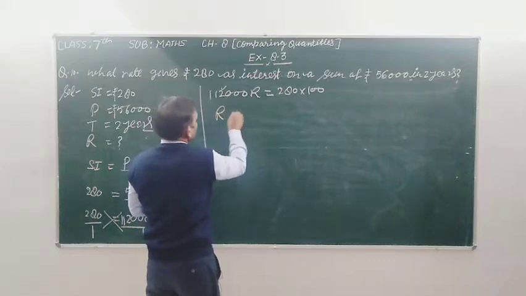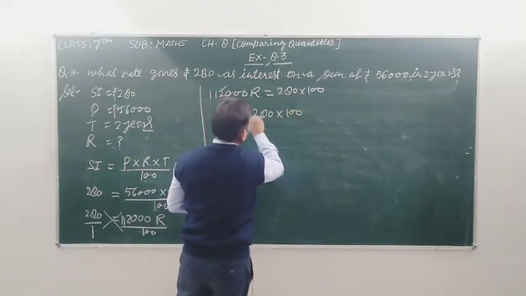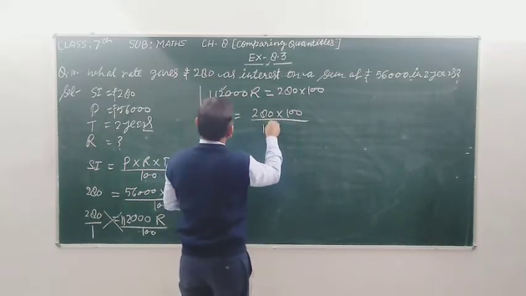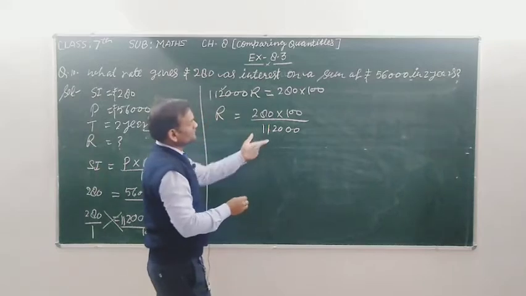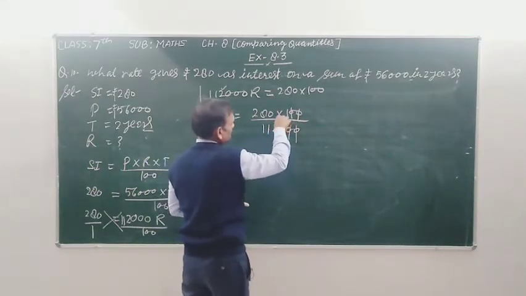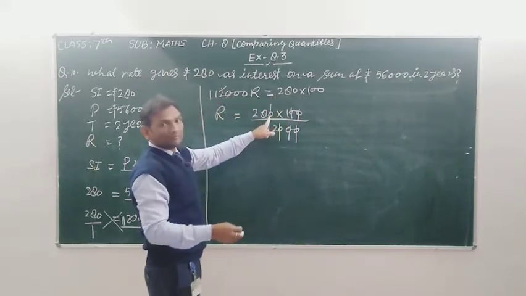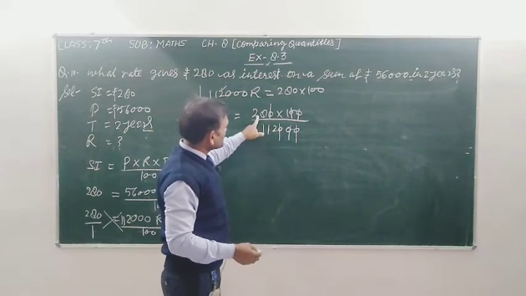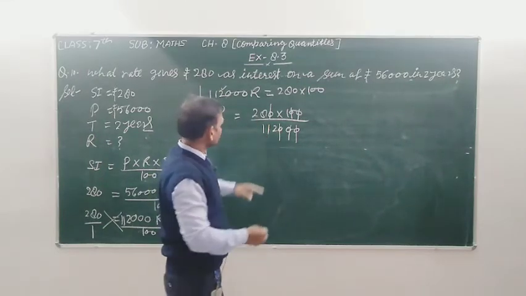So R is equal to 280 into 100 upon 1,12,000. 20 cancels, and this 10 will be cancelled by this 10. So 28 upon 112 is left.